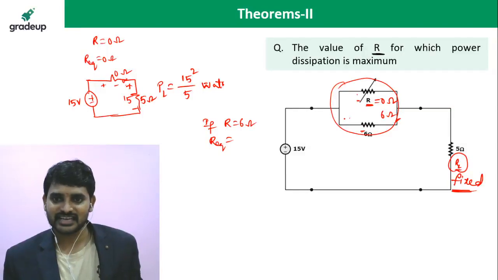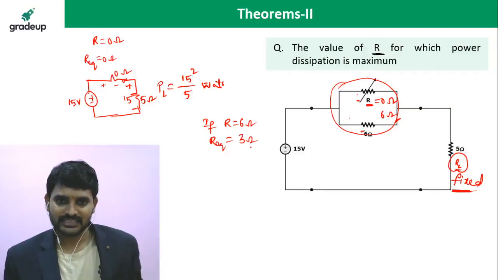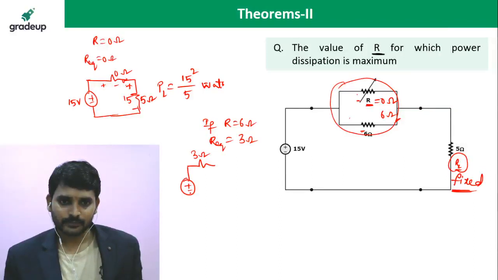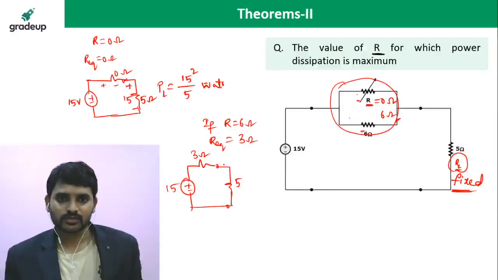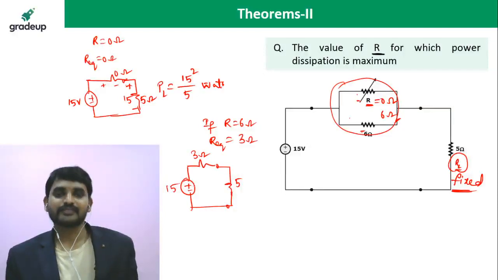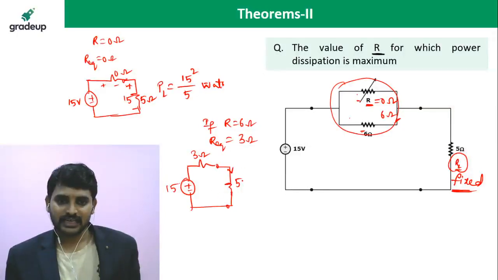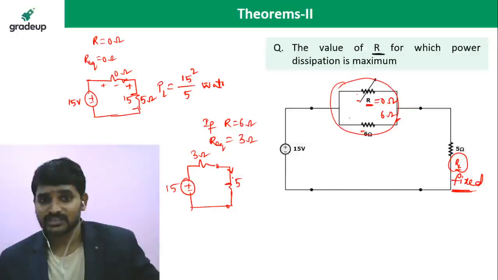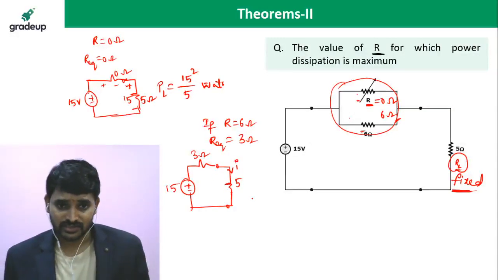resistance? 6 and 6 are in parallel, so you will get 3 ohms. If it is 3 ohms, then 15, and here comes your load resistance 5. So how much is it here? 3 plus 5. So what is your I? Otherwise you can even do voltage division, no issues.